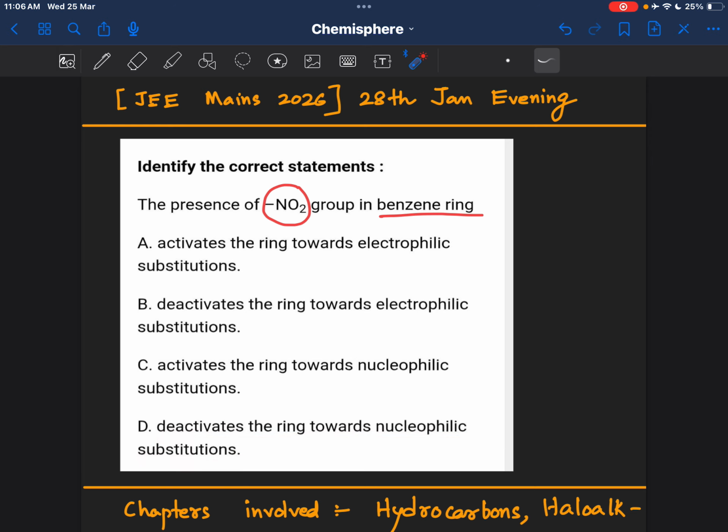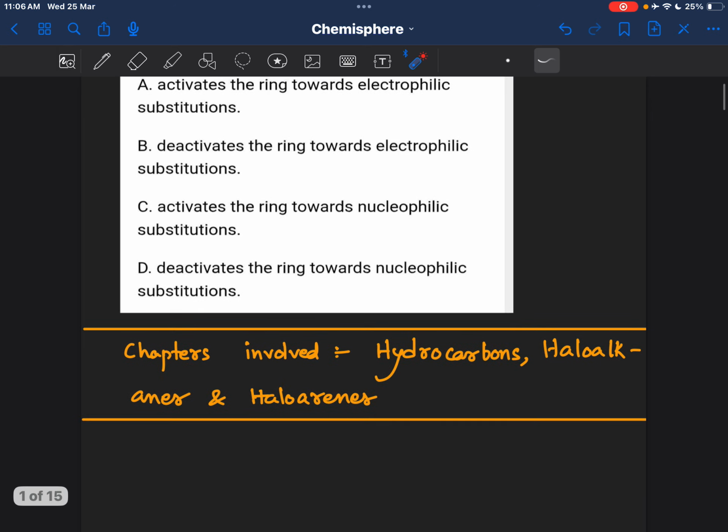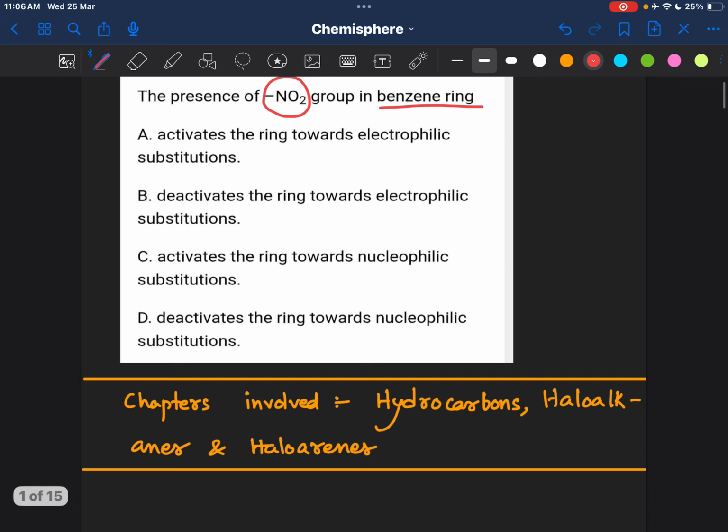So this involves chapters like hydrocarbons and haloalkanes and haloarenes. The prerequisite to solve such questions is that we all know what electrophilic substitution reactions are, where one electrophile comes and takes the place of another electrophile, replacing it. The same thing happens in a nucleophilic substitution, where one nucleophile comes and another nucleophile goes out.